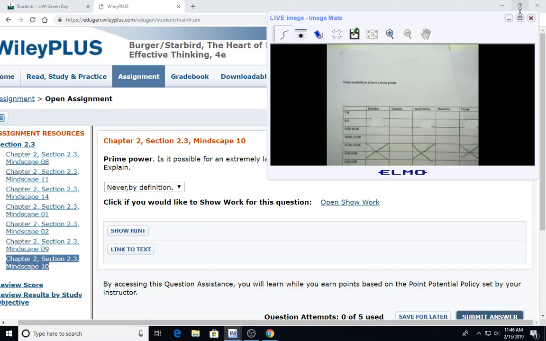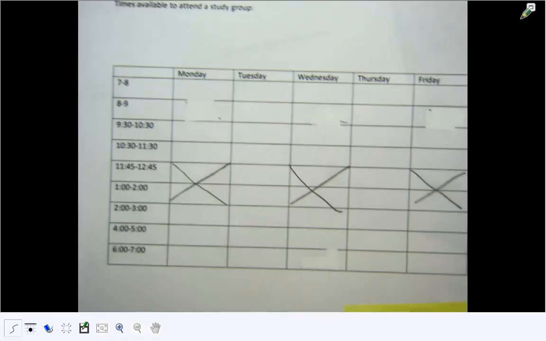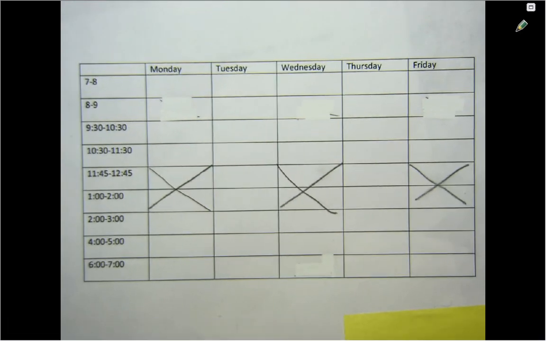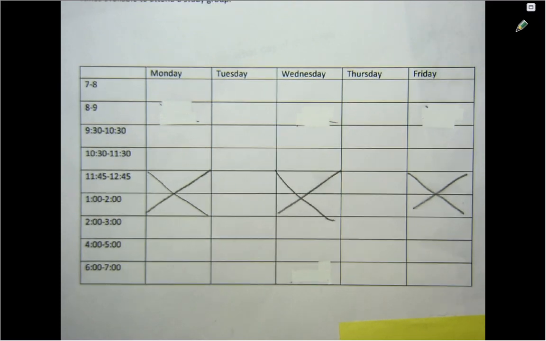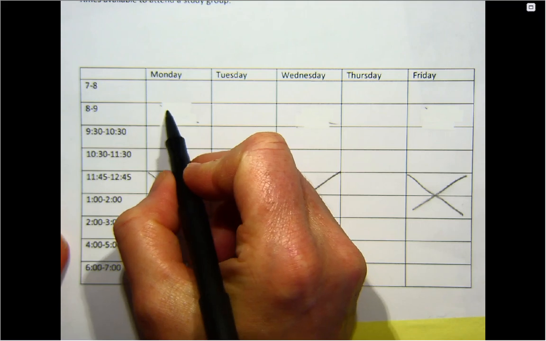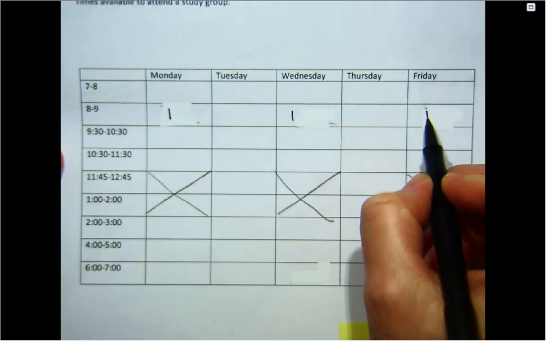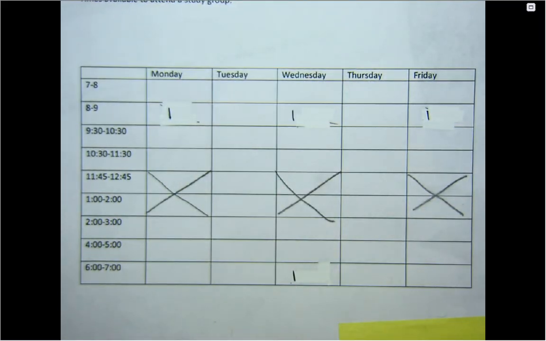This is a sign-up sheet for a study group. So our tutor for this class is named Jake. Jake took this class. He would like to help anybody who needs help. In the first class, someone signed up here but put an X instead of a tally mark.